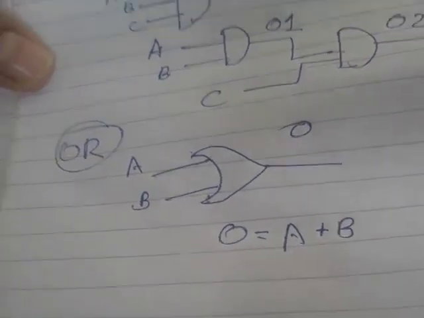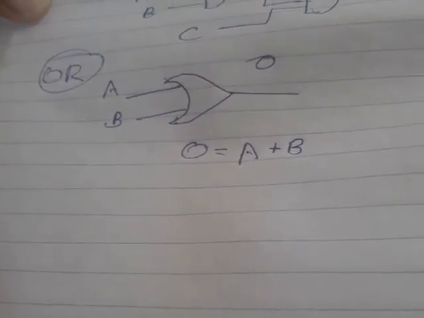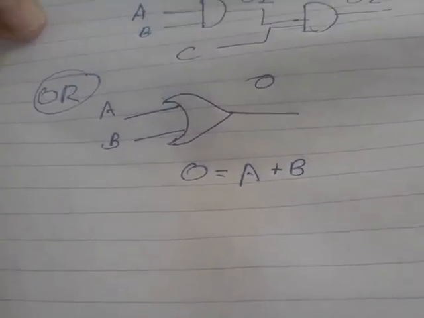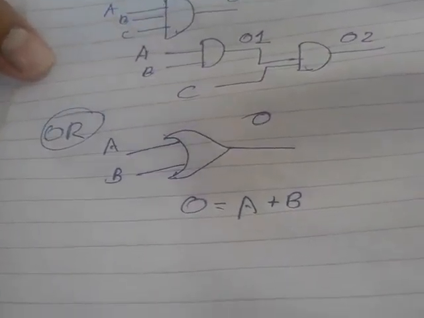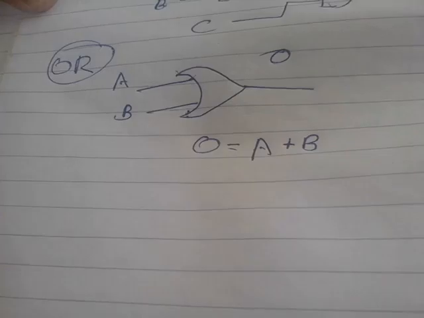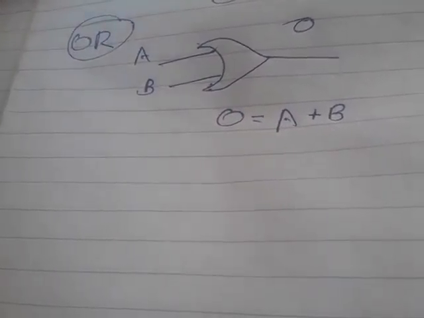Okay, and the property of the OR gate which differentiates it from the AND gate is that if any of the input combinations is 1, then the output becomes 1, else the output is 0.